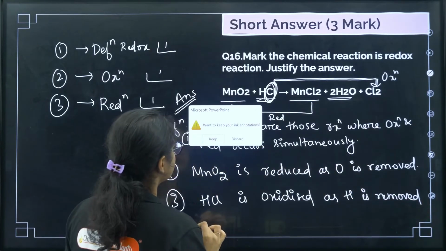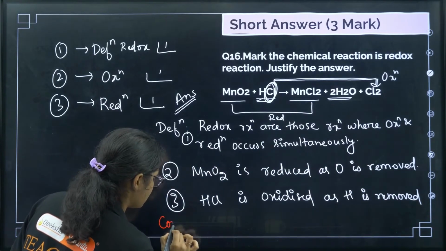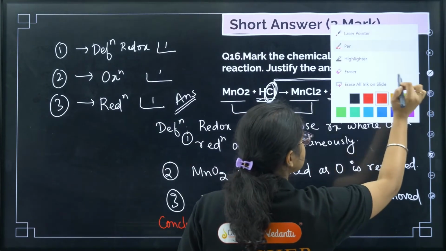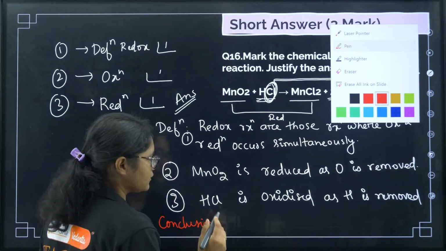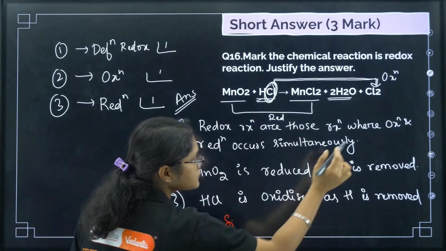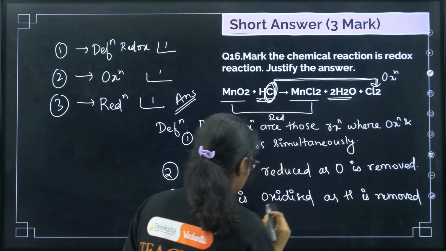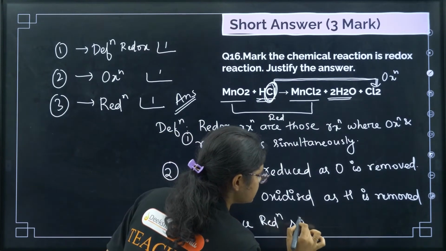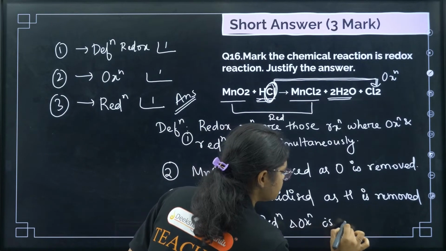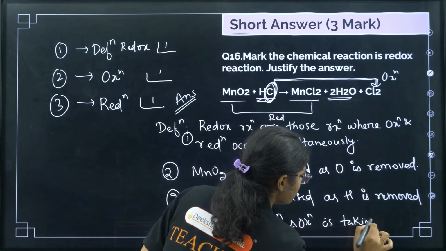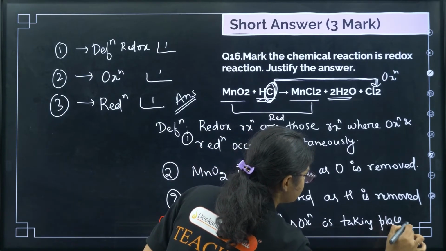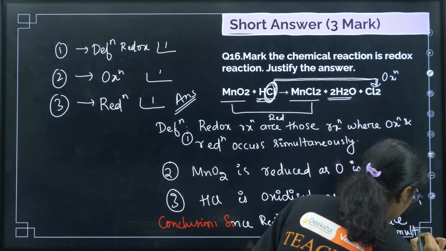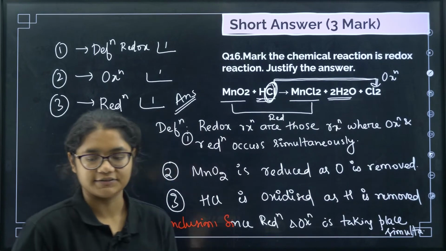Now you need to write the conclusion here. What is the conclusion? Here you can write the conclusion that since reduction and oxidation are taking place simultaneously, it is a redox reaction.